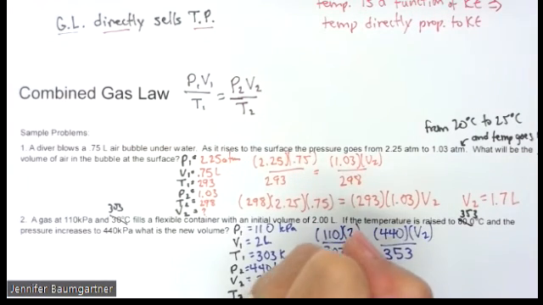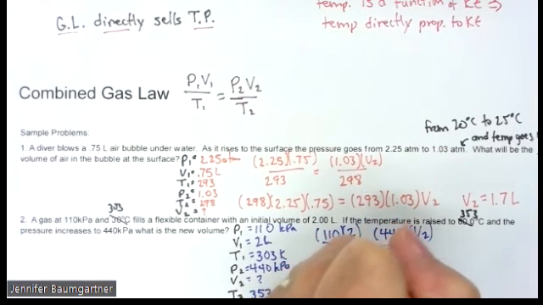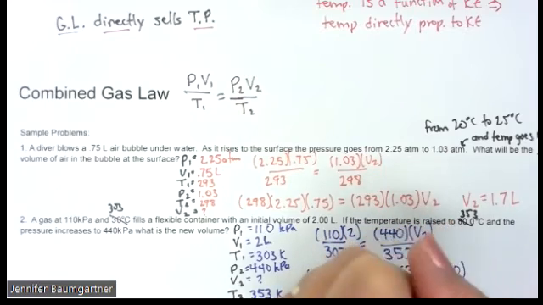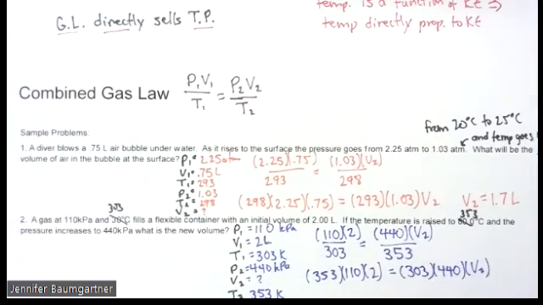And on the other side, I'm going to have 303 times 440 times V2. So in this one, again, I kind of have the same parameters where my temperature is going up and my pressure is going up. So we're not quite sure in this one because we have multiple changes.